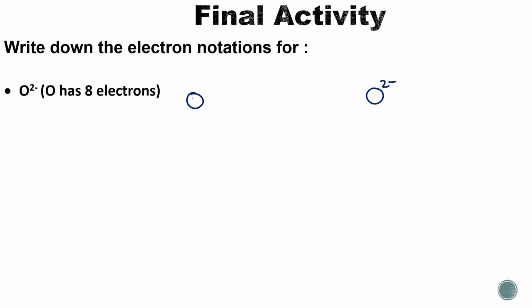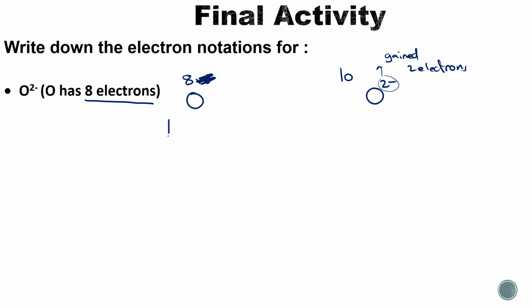Okay, so oxygen has 8 electrons, and oxygen minus 2 means it gained 2 electrons. So it has 10. Sorry, this is not valence electrons, this is 8 electrons in total.